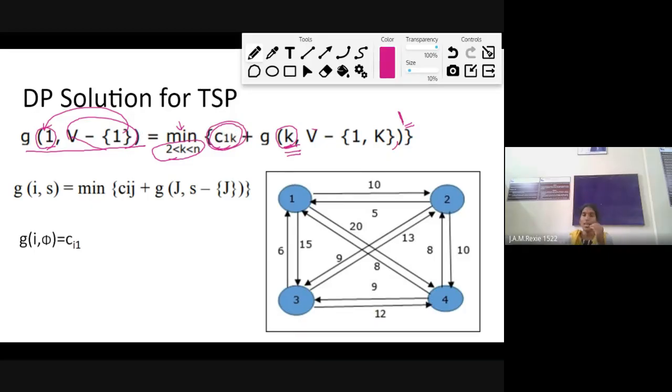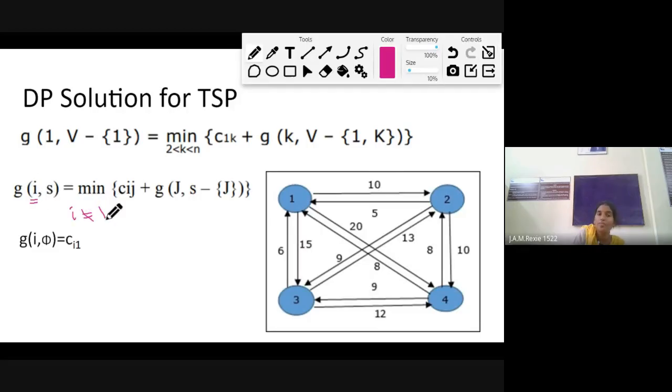Okay. So to calculate this, it is a recursion, right? Recursive formula. So how to calculate this cost? Okay. For that, we are given with this formula, g of i comma S. Okay. For any value i, so here this i will not be 1. When we are considering the source vertex, only the earlier formula will be applied.